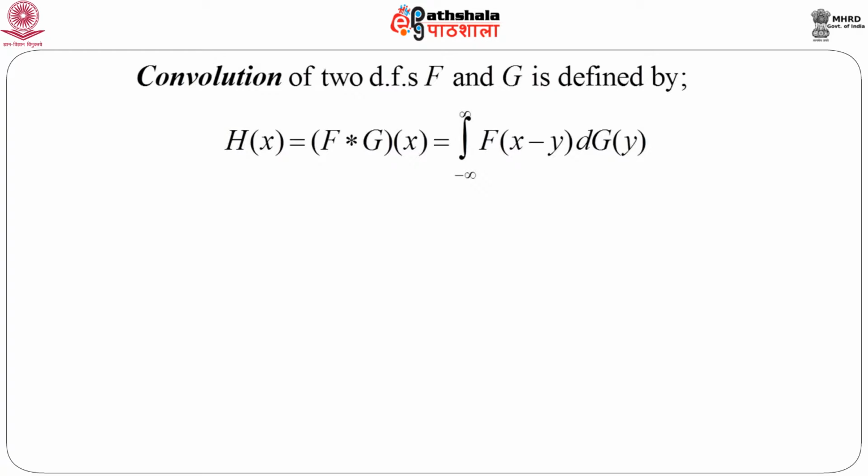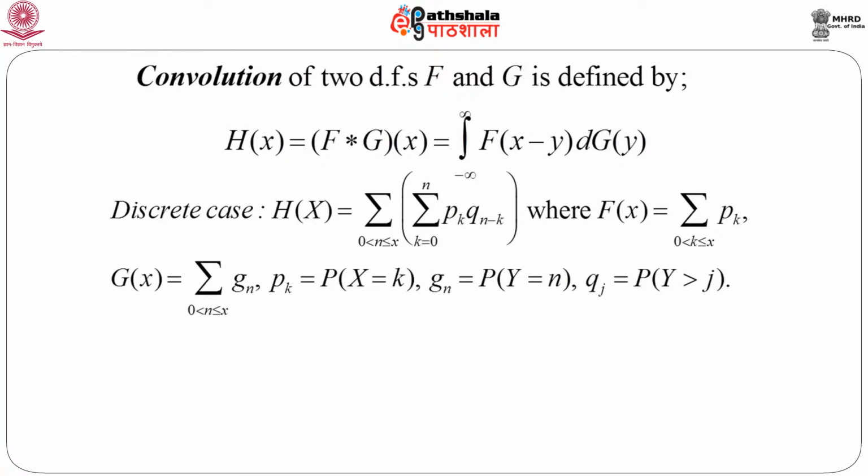This is the general definition of convolution of two distribution functions. In the case of discrete random variables, that is, when we are dealing with two random variables having distribution functions F and G that are discrete in nature, this integral boils down to just a summation.